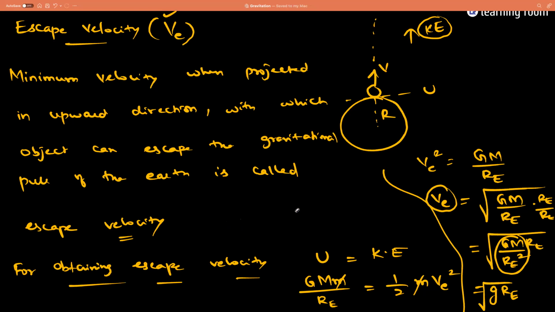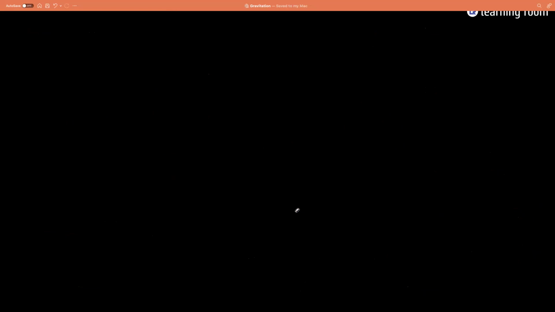Okay, I'll explain it again. Listen. When the object is here, right? When the object is here, it is given a velocity VE. Am I right? So if you take this to be the surface, the horizontal line, now this is R.